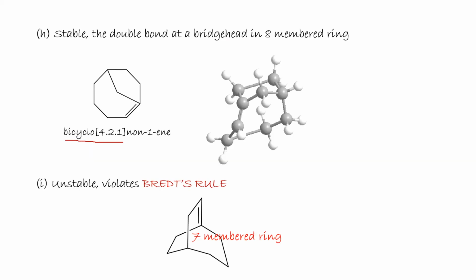Bicyclo[4.2.1]nonene with the double bond at the 1 position, the bridgehead position, but here we have an 8-member ring. So it is stable, a double bond at the bridgehead in an 8-member ring is acceptable. Here is the double bond.